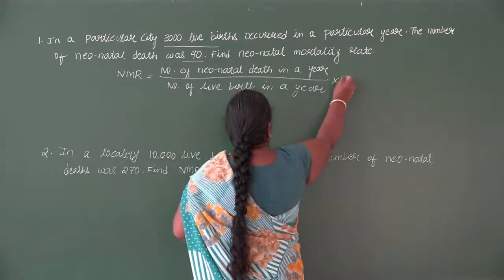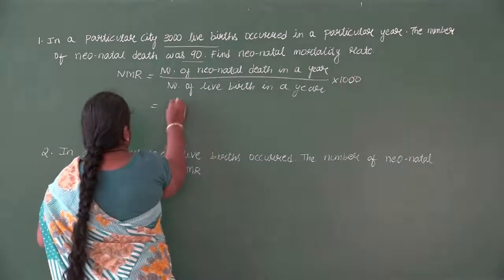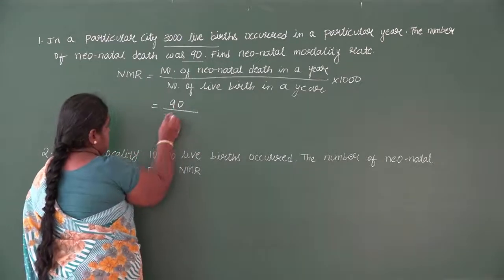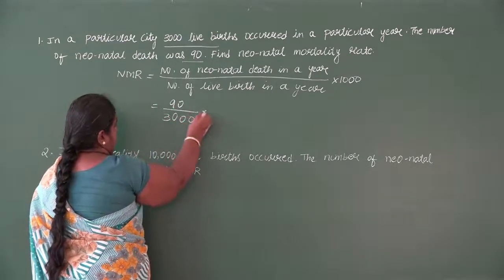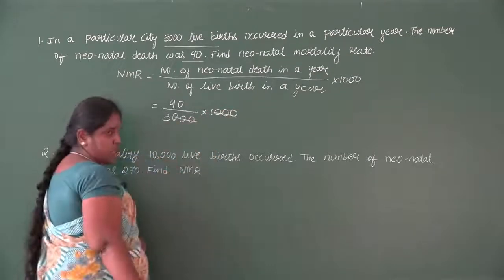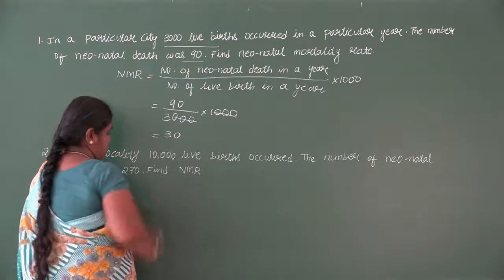So here neonatal deaths are 90. So 90 divided by the live births, 3000, into 1000. So you can cancel the 1000 and 1000 values. 90 divided by 3 is 30.